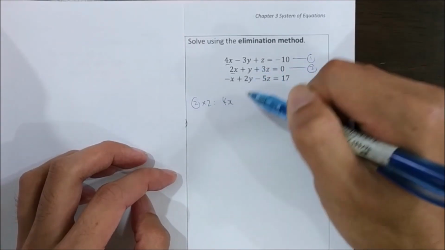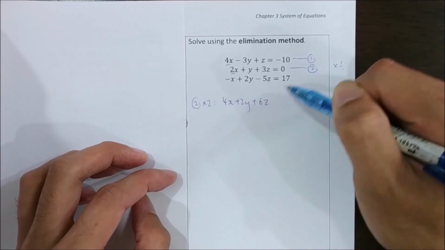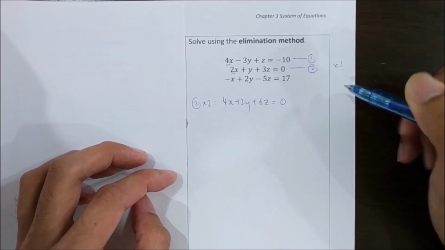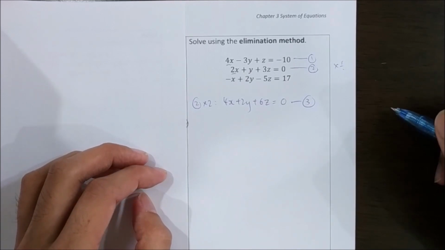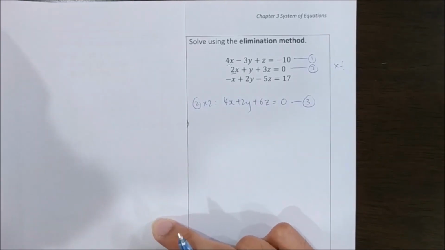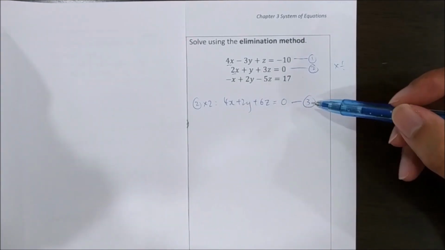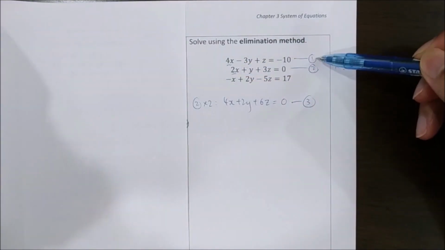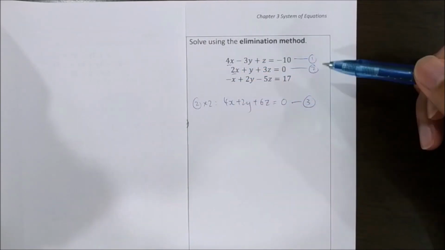So we will get this equation, and we label it as equation number 3. And if we compare equation 3 to equation 1, the coefficient of the variable x is the same now.